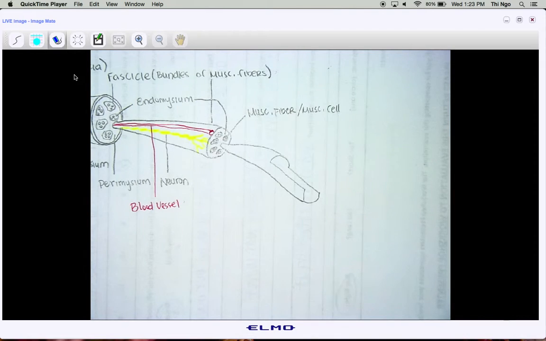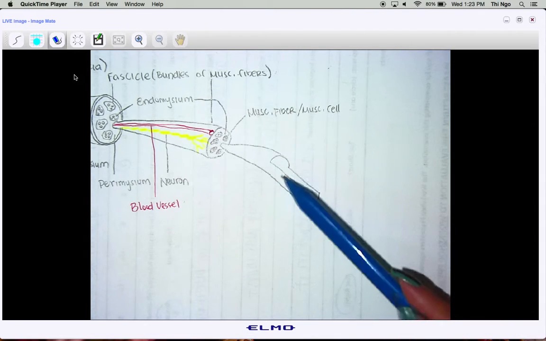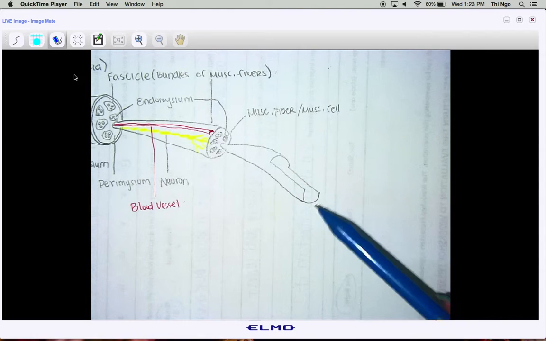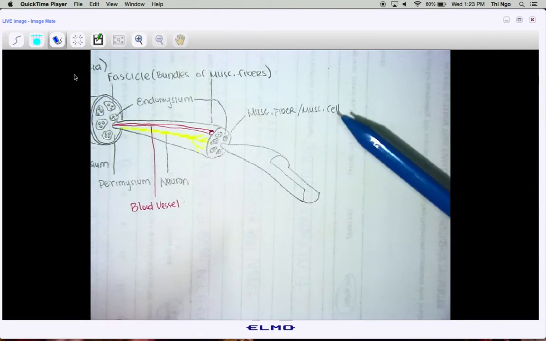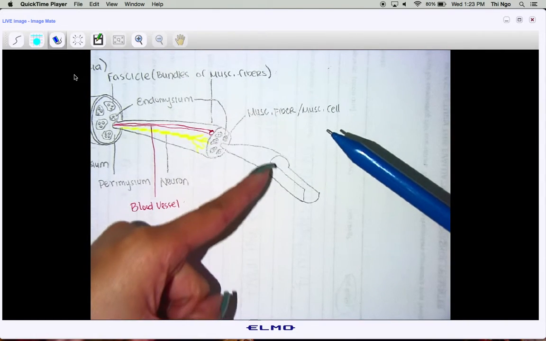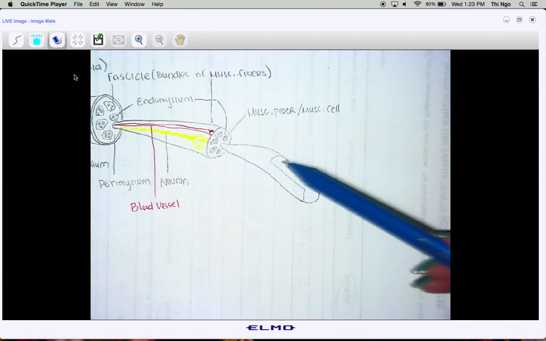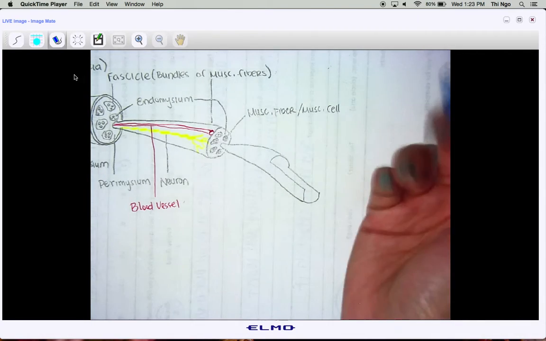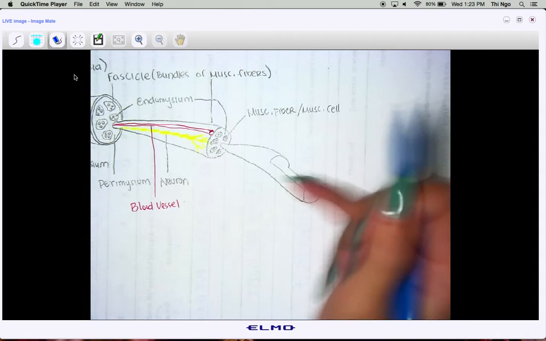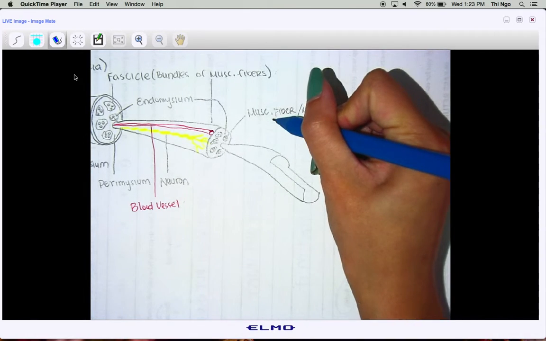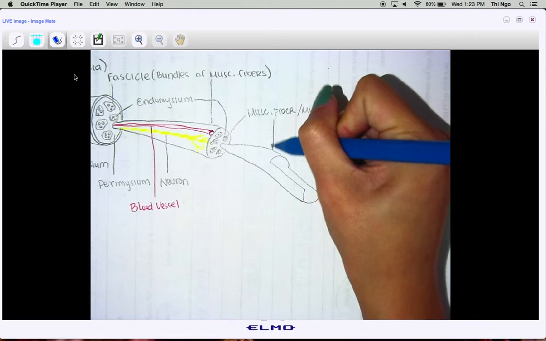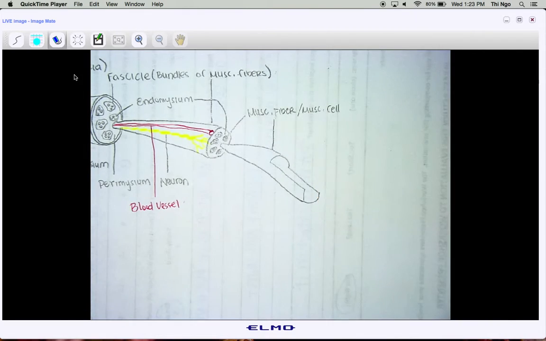Alright, so what we have here is a tube, kind of like a water slide that's closed off. And what you've done is you cut into the tube and across so that you took off this little piece so you can see what's inside. Now, since this is a muscle fiber or muscle cell, what do all cells have? All cells have an organelle that's very important.